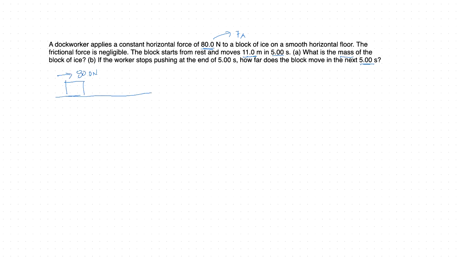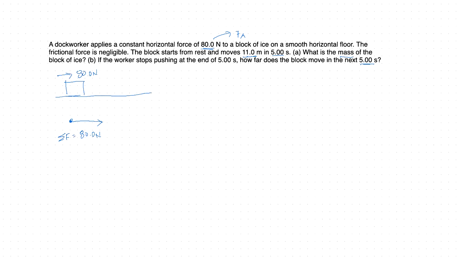Let's say this is the center of mass of the ice. We know that the only force acting upon that object is the applied force, and we know that it's 80 newtons. So our net force is equal to 80 newtons.